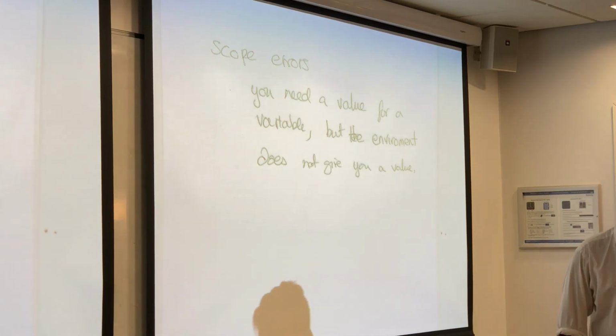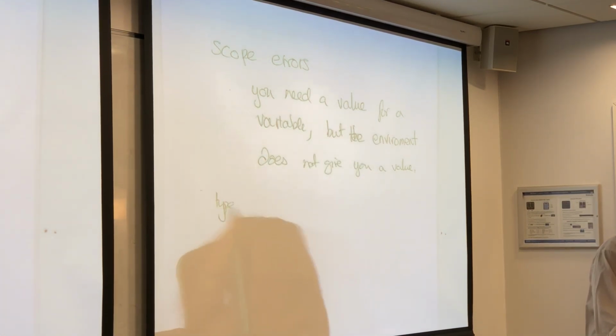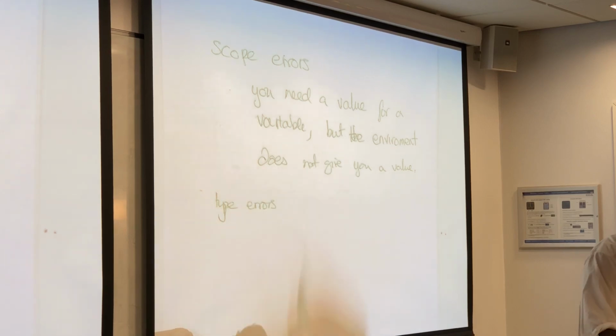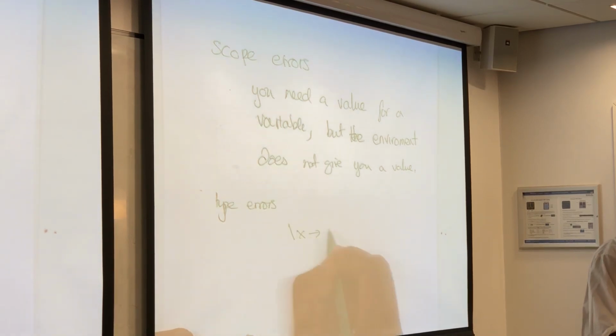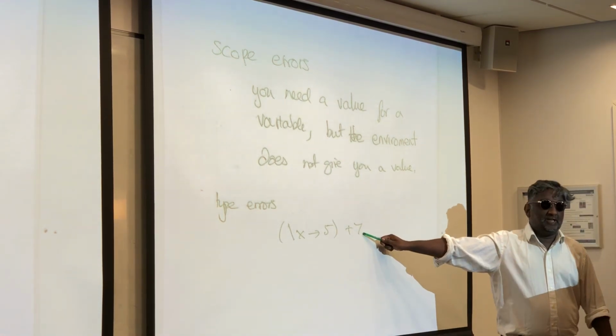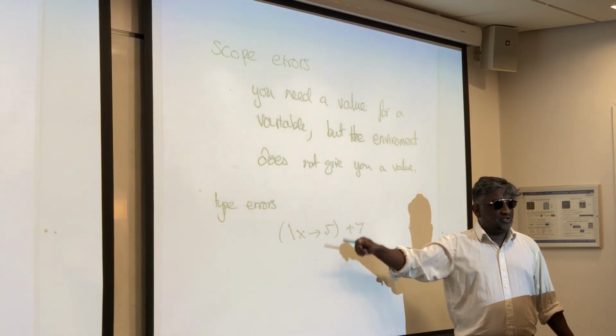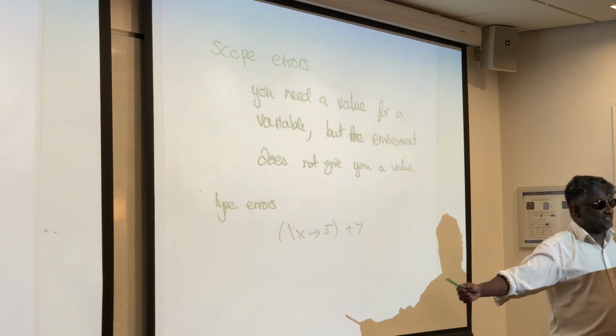We've seen that. We saw another one. Type errors. The example here was lambda x arrow 5 plus 7. This is a type error because 7's a number, that's a type, and this is a function, that's another type. And you can't add functions to types.